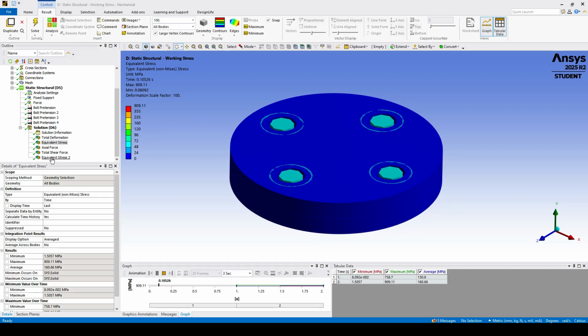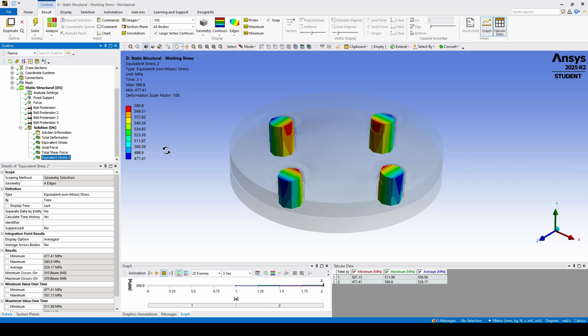If I go to equivalent stress, we can see the stresses on the bolts. Step 1, or time 1, is when we don't have the external load yet, just the bolt pretension. We had stresses of between 507 and 512 megapascal on this bolt, coming just from the preload pretension.